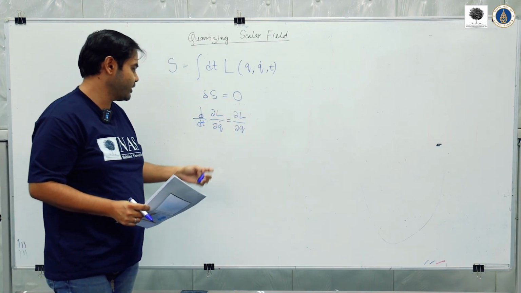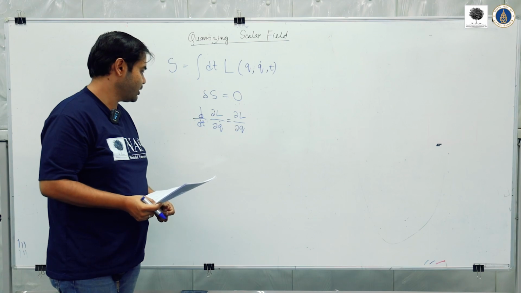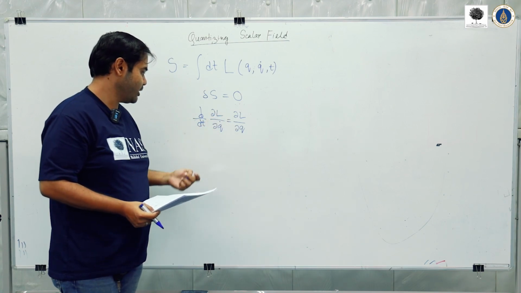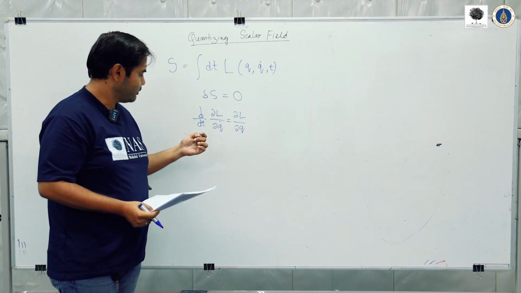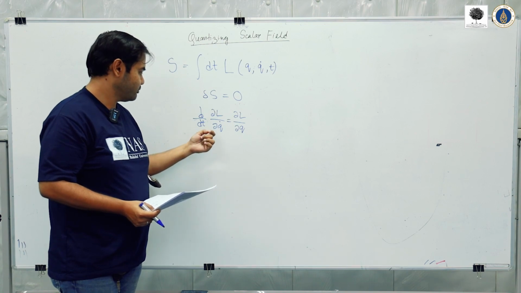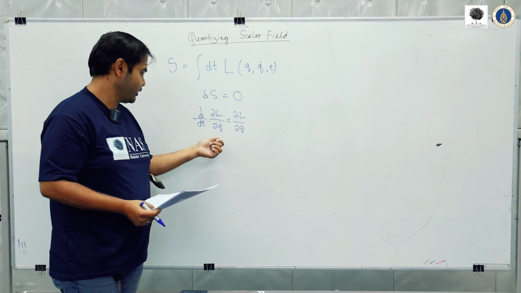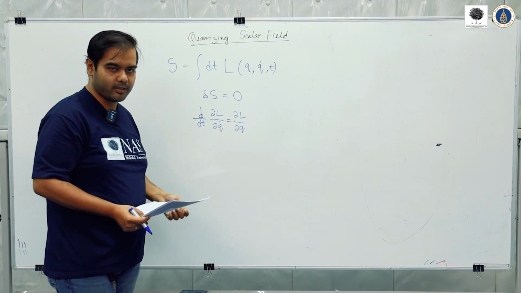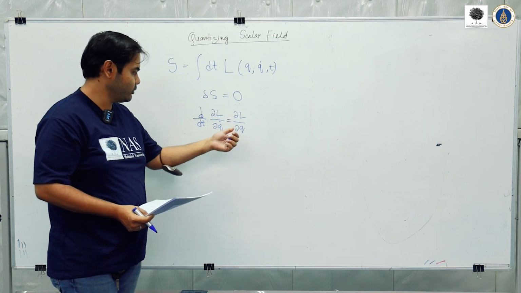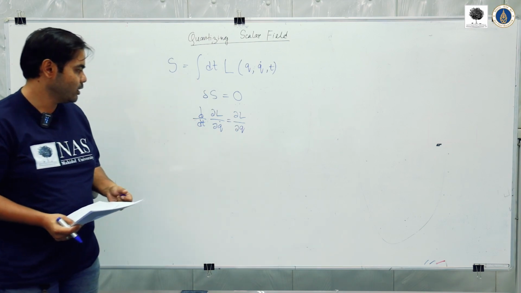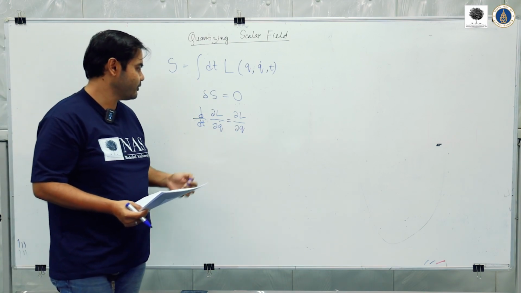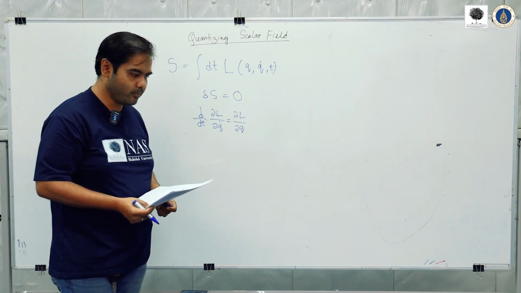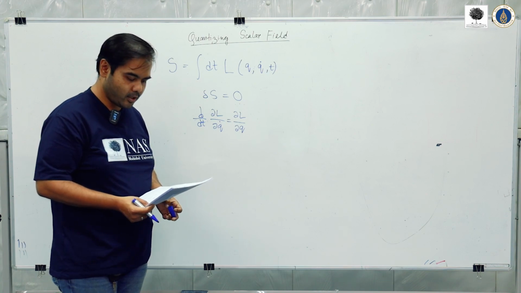These are partial derivatives because the Lagrangian L depends on variables other than q dot. So if you vary with q dot, you have to take a partial derivative. The same logic goes when you take a variation with respect to q. So this is the famous Lagrange equation of motion, and I hope everybody knows about it.